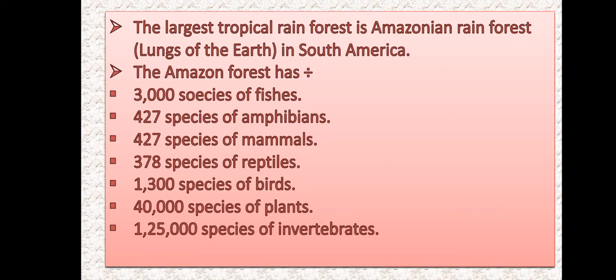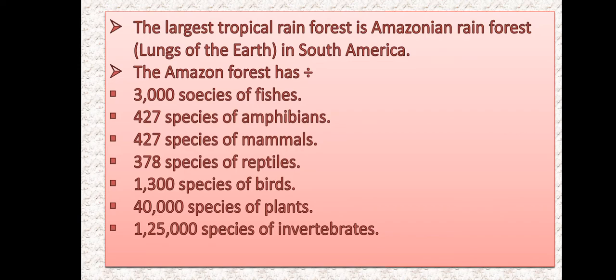It has 3000 species of fishes, 427 species of amphibians, 427 species of mammals, 378 species of reptiles, 1300 species of birds, 40,000 species of plants, and 1,25,000 species of invertebrates. These species are discovered and described, but a number of species of plants and animals from Amazonian rainforest are not described, not discovered yet.